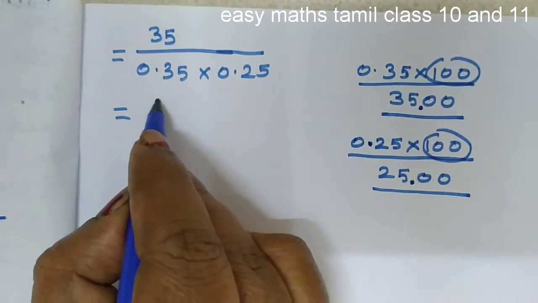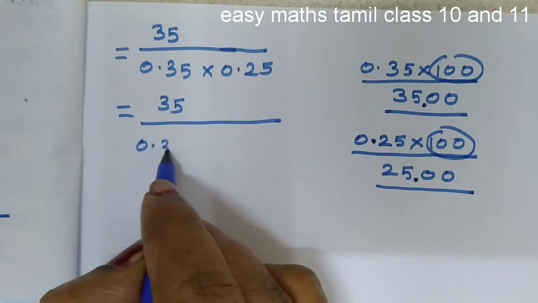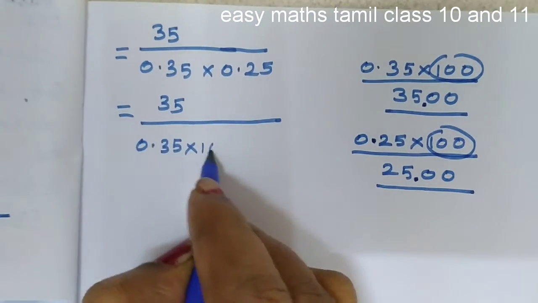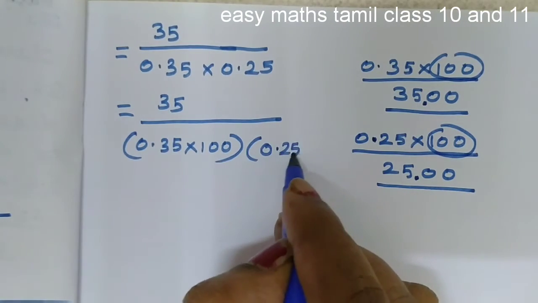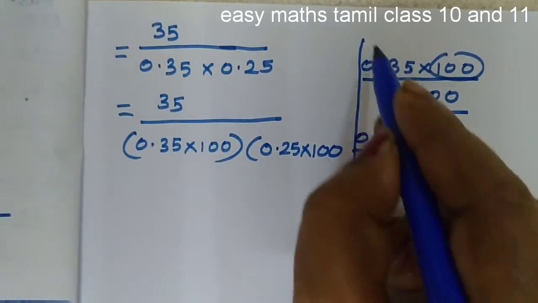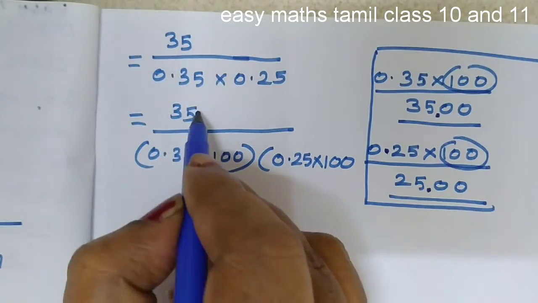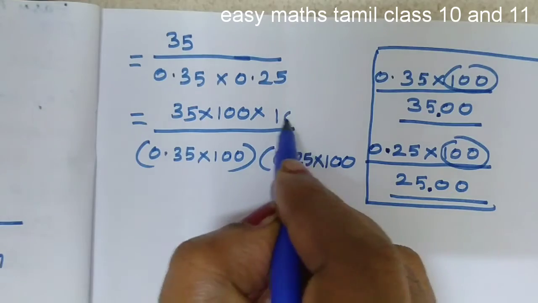Multiply both in the numerator as well as in the denominator by 100, 100.